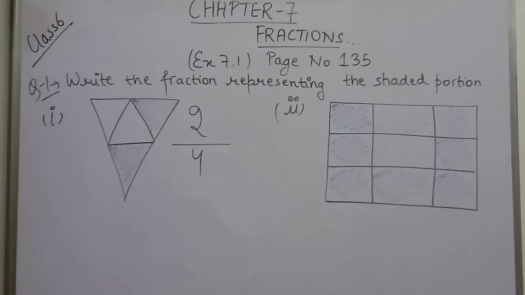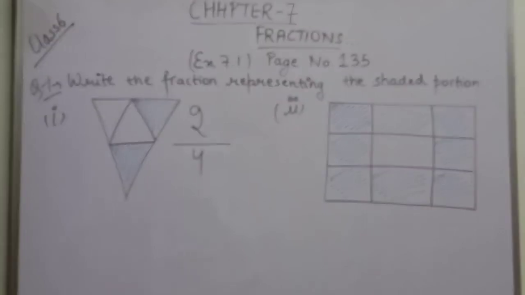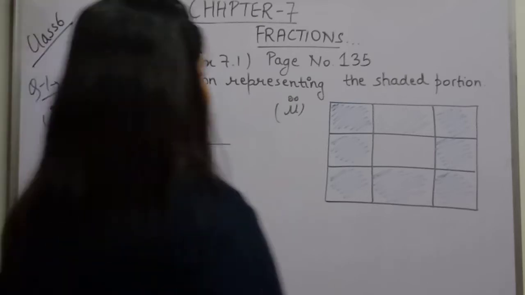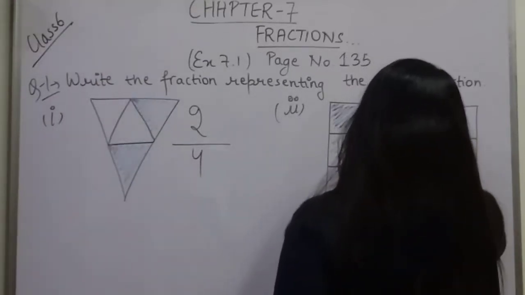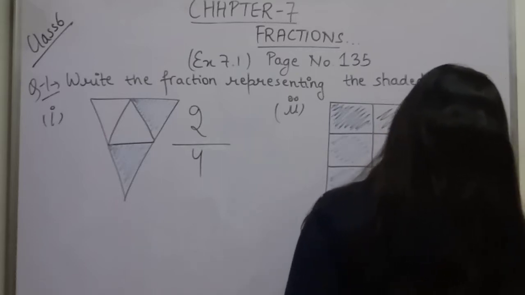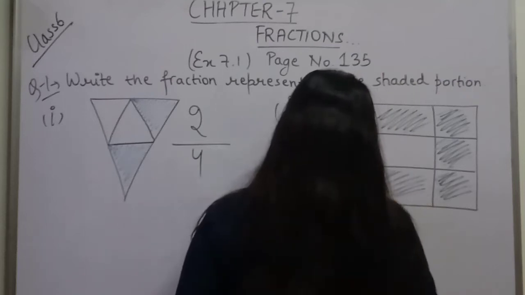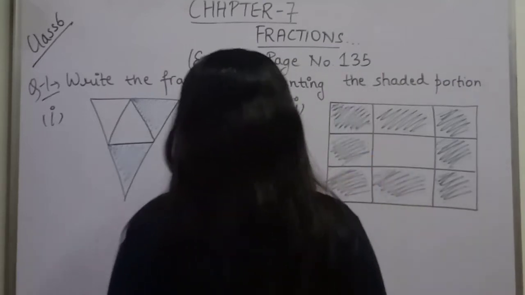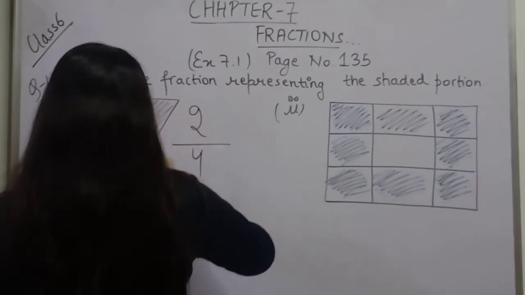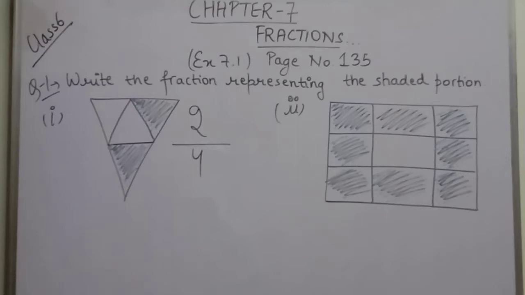So अब इसमें we all know that total number of parts will be written. So this shaded portion is not visible. Doesn't matter, हम black से shade कर देते हैं यहाँ पे. So now is it visible?